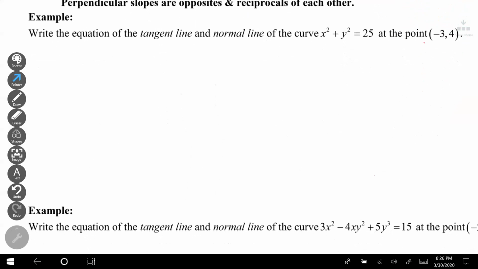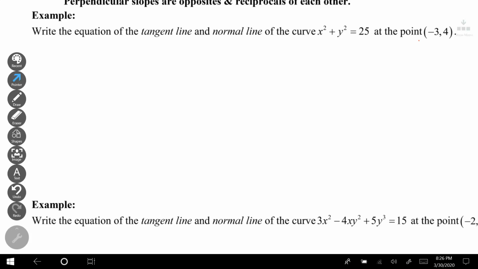Let's go through an example. I have to first take the derivative of this function. I'm going to get 2x plus 2y dy over dx is equal to 0, because the derivative of 25 is 0.